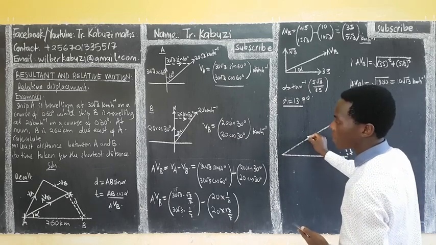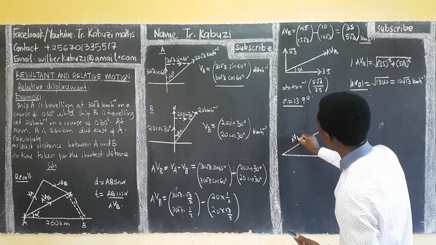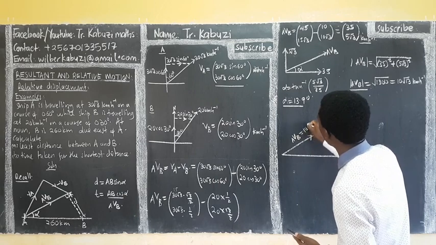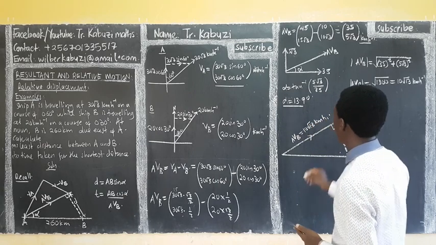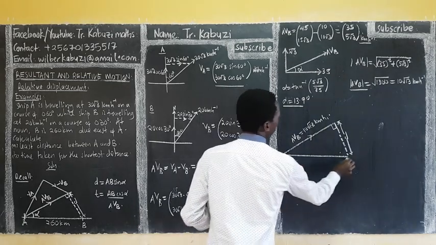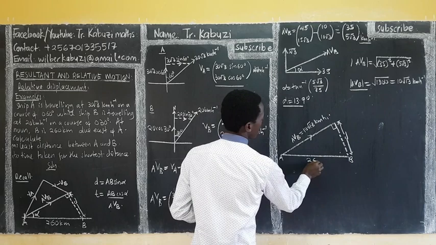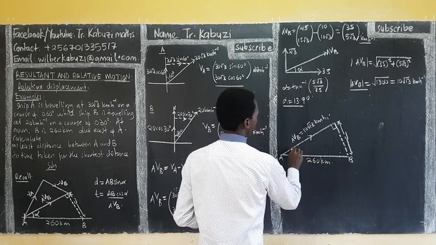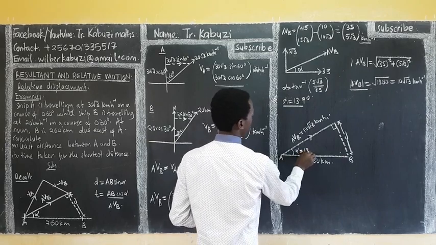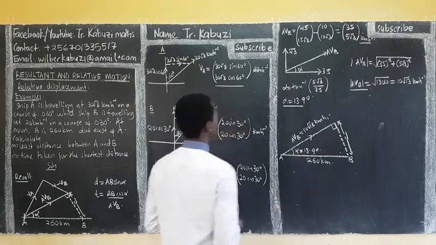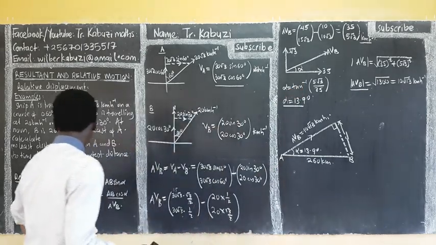This one I have as AB, which is 10 root 13 kilometers per hour. The distance here is 260 kilometers, and this alpha is 13.9 degrees. Always when we are getting this, get this angle to the horizontal, because that's always what we want.